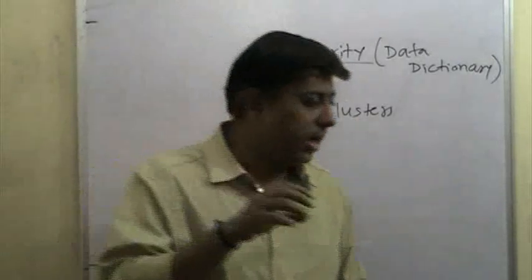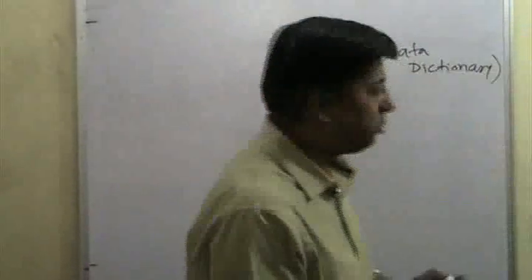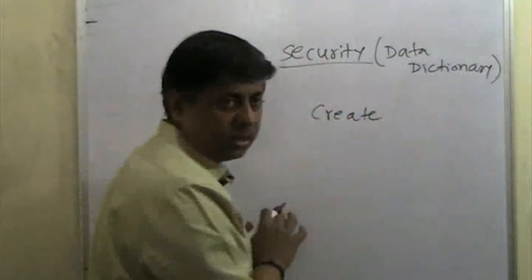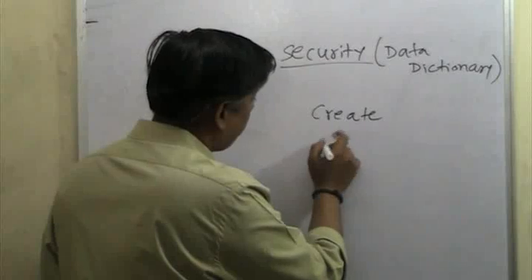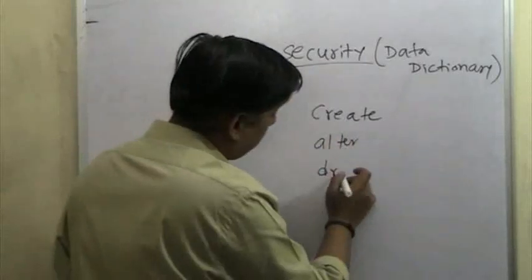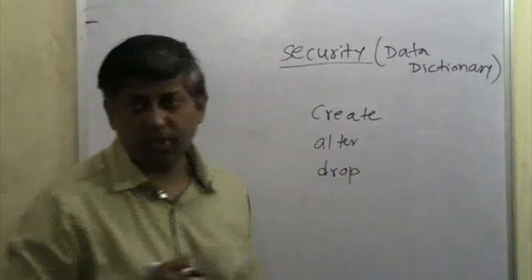When I type the command create cluster, create table, create synonym, create this, create that, all those are objects. Anytime you type the command create, you are creating an object. Anytime you type alter, you are modifying that object, and anytime you type drop, you are dropping a database object.